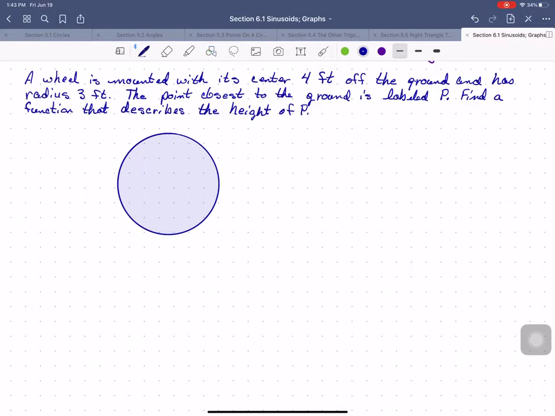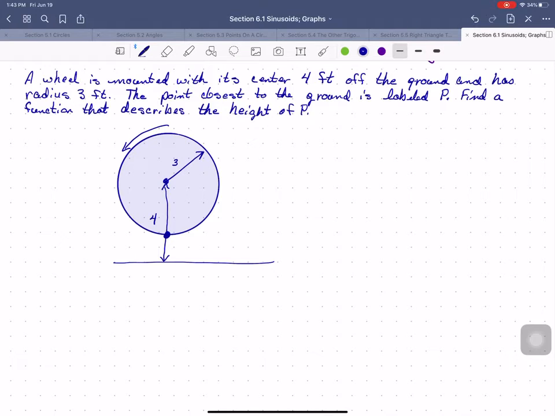Remember that it's got a radius of 3. And the ground is down here. And it's mounted 4 feet off the ground. And what we care about is this point P. We are going to rotate our wheel this way, and I'm trying to describe the height of my point.